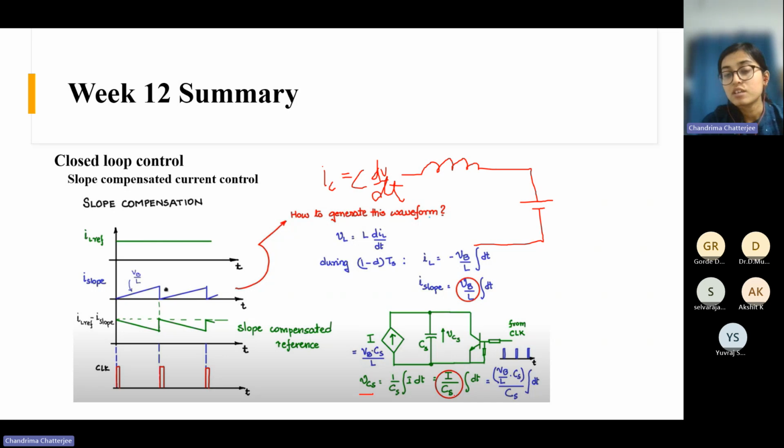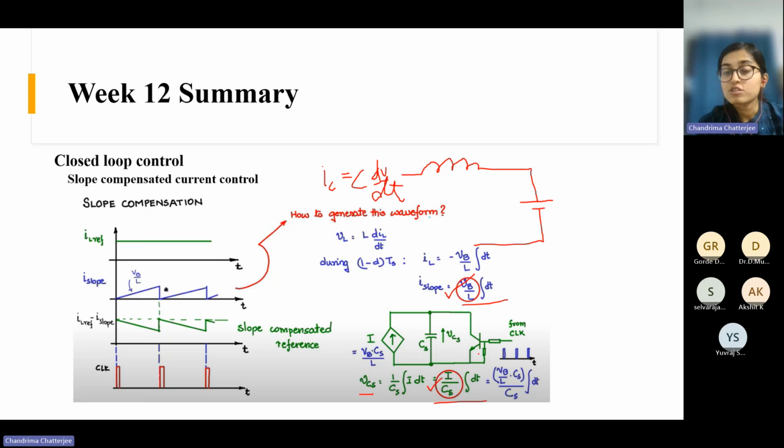Here I is a constant current source, so it comes out as I by C_S integral dt. If you compare this one and this one, you will get I value as V_B by L into C_S.